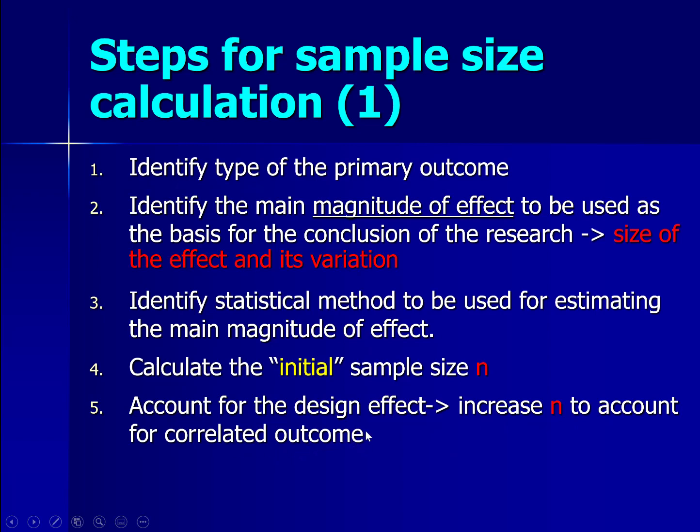So this is how the issues of dependency among observations, or correlated outcomes, involve the design in the sample size calculation. We cannot avoid the role of the design, called the design effect.